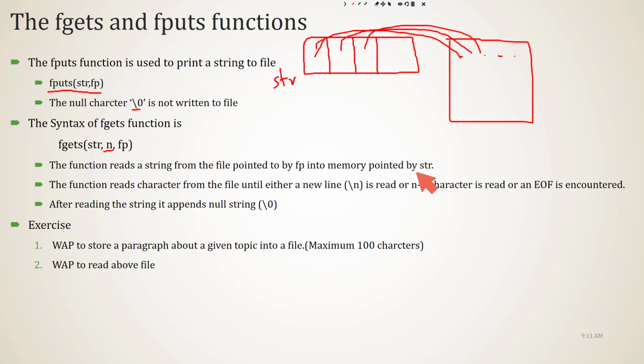Both will work. The function reads characters from the file until either a new line is read, or n-1 characters are read, or EOF is encountered. So three possibilities are there.